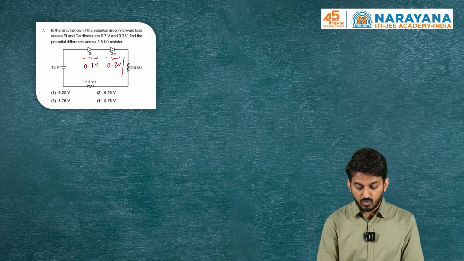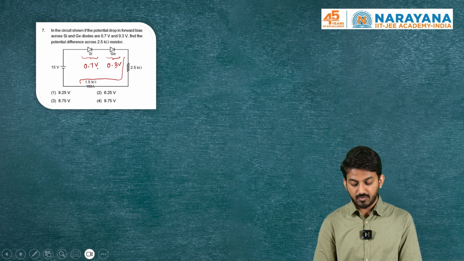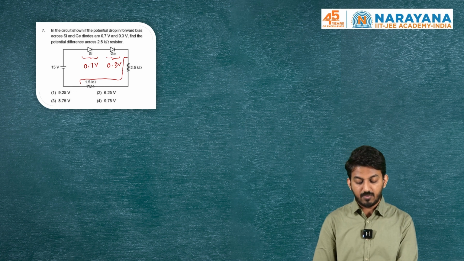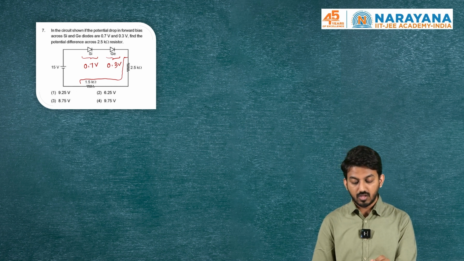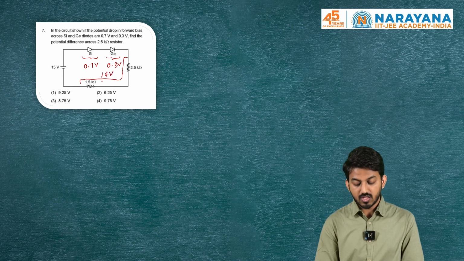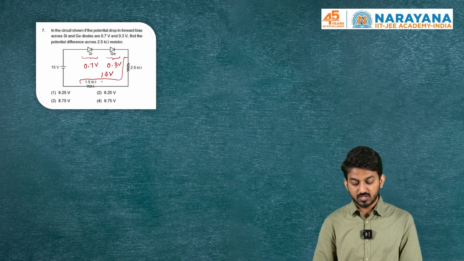Now, total voltage across the resistors here. The total voltage across the system is 15 volt, out of which 1 volt, 0.7 plus 0.3, 1 volt has been taken by the diodes. So remaining 14 volt stays here.